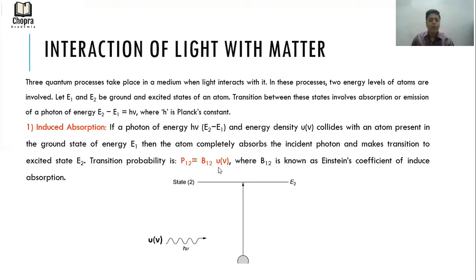We'll go to the next process, that is called spontaneous emission. Once the atom is in the higher energy state, the atom falls down to the ground state on its own because it is unstable at the excited state. This transition occurs in around 10 to the power minus 8 seconds.